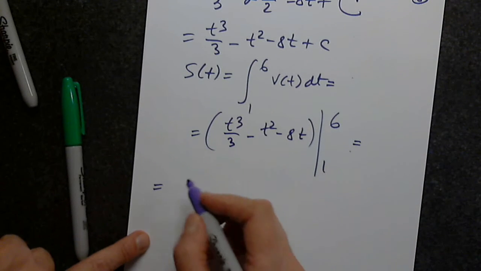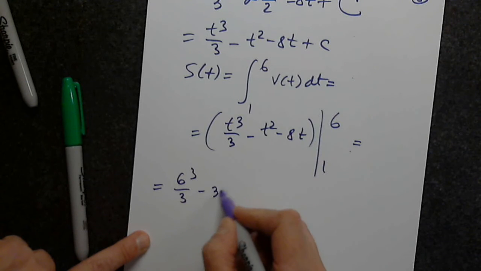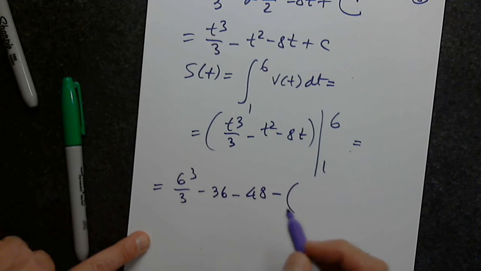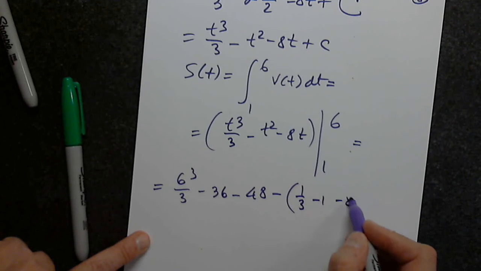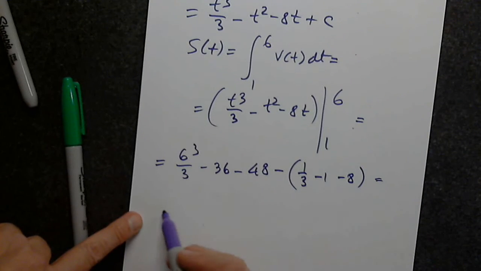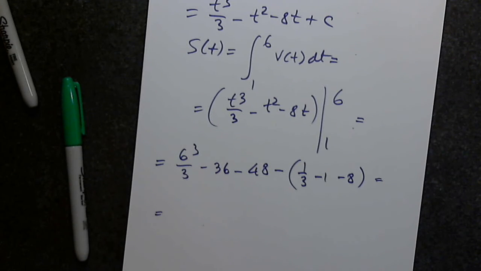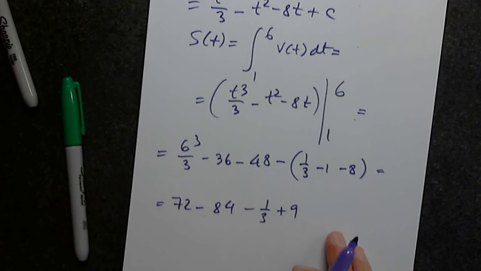And then we plug in 6: 72 minus 36, minus 48, minus when we plug in 1, 1/3 minus 1 minus 8. So the first fraction is 216, and I divide by 3. 72 minus 84 minus 1/3 and plus 9.